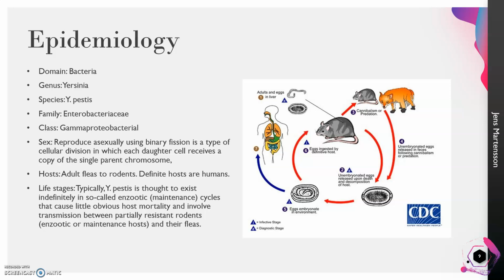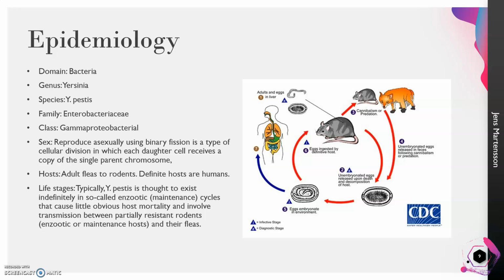Y. pestis is maintained in nature through transmission between blood feeding, meaning that the bacteria could survive within the animal, the mammal, and the adult flea, the flea vectors.